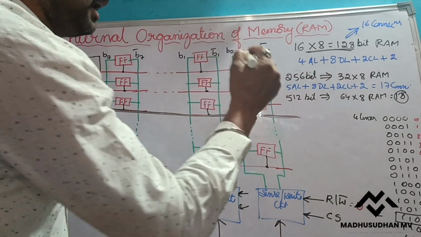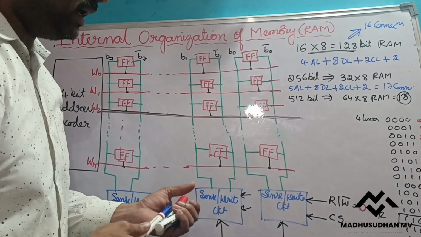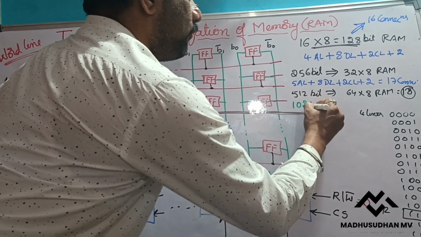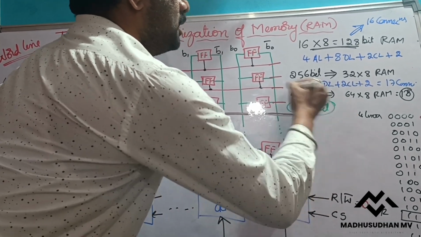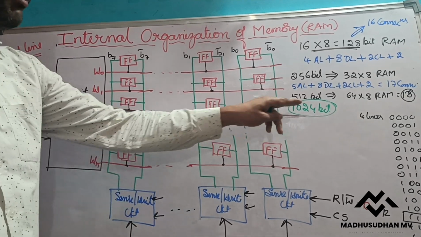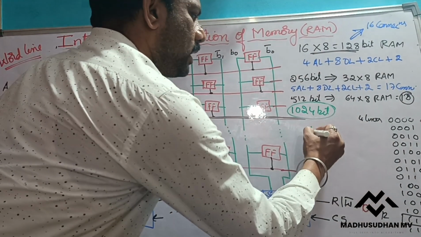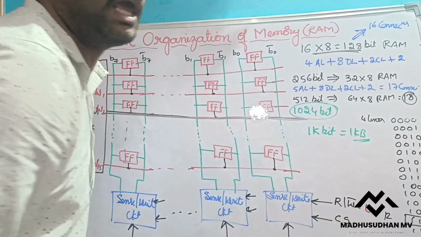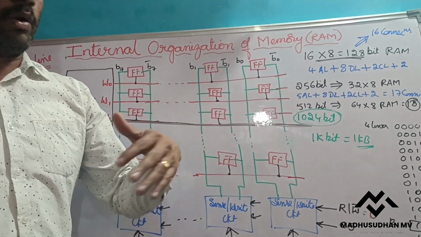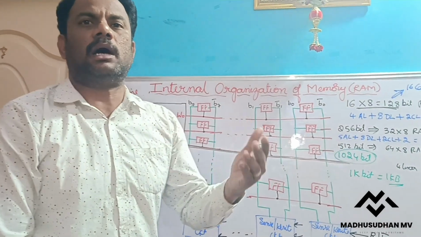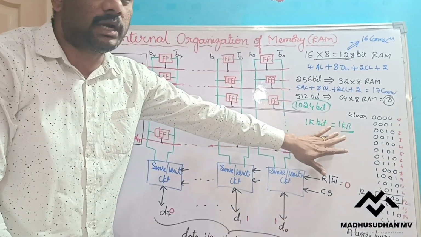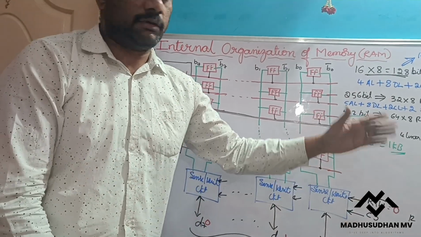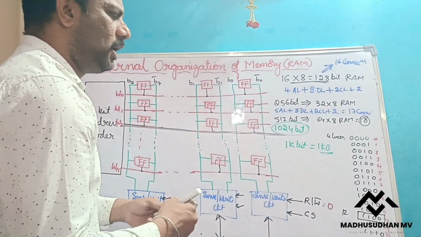So 18 connections. Similarly, suppose I want to make a 1024-bit RAM. 1024 bits means 1K bits. Now I come to the KB, as in how you use 1 KB, 1 MB, 1 GB. 1 KB means divide by 8 again, and I get 128.